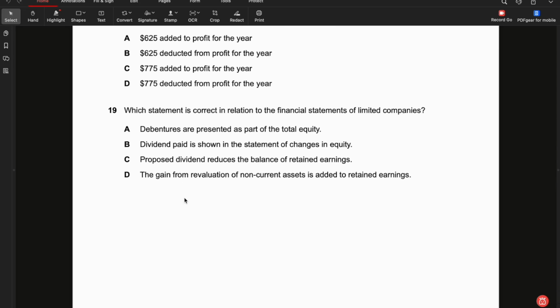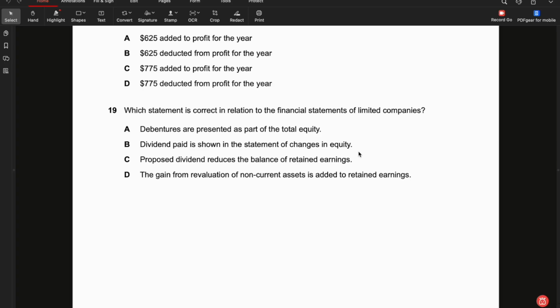19. Which statement is correct in relation to the financial statement of a limited company? Number A, debentures are presented as a part of total equity. Debenture is a loan and not equity, so it is a long-term liability. Then dividend paid is shown in the statement of changes in equity.